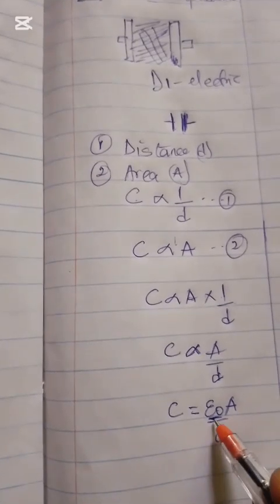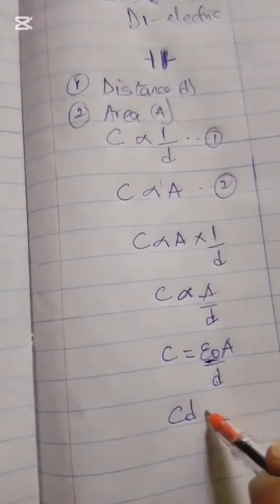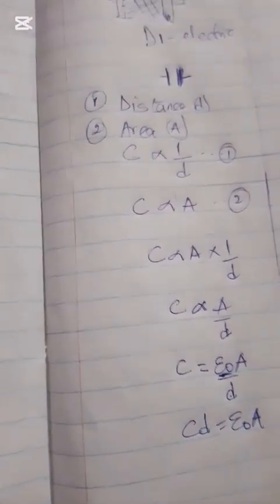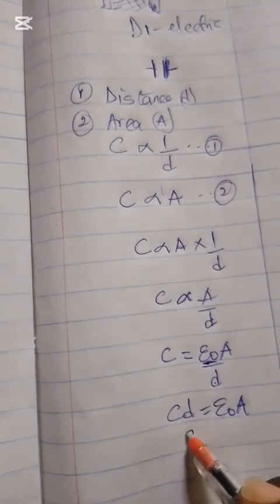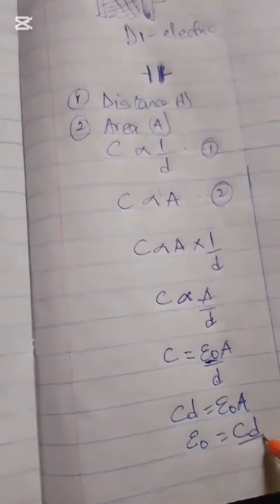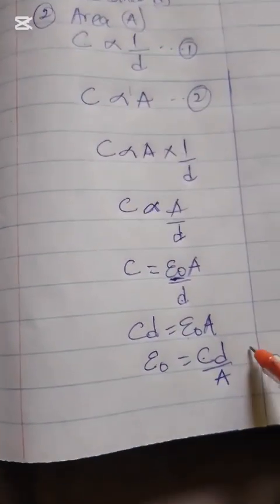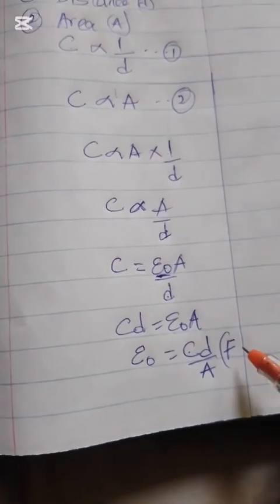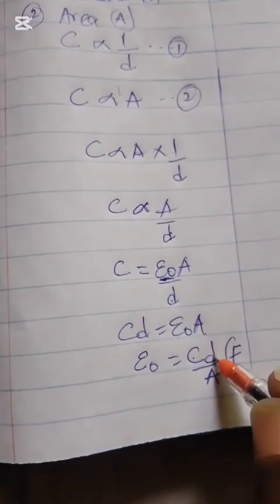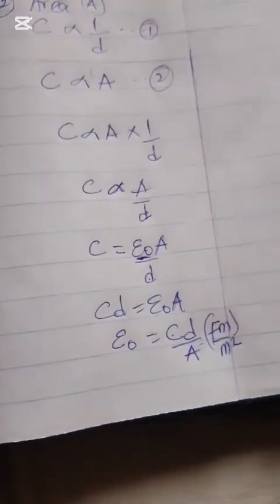If I look for the value of this, if I cross multiply, I have CD equal to ε0A. Then if I make ε0 the subject, I'll have ε0 equal to CD over A. The unit of C, that is capacitance, is farad. D is meter, and area is meter square.